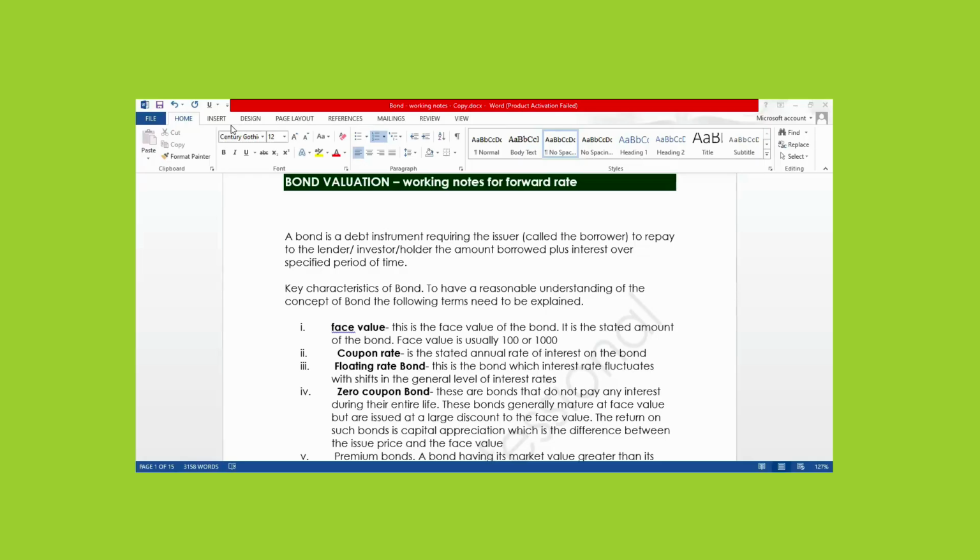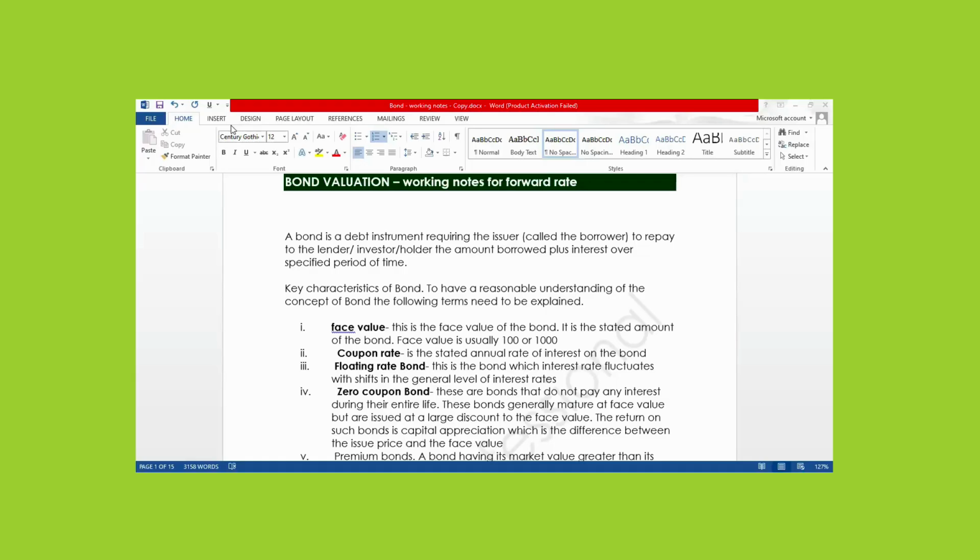Zero coupon bond. These are bonds that do not pay any interest during their entire life. Zero coupon bonds are issued at a discount to the face value, but mature at their face value.